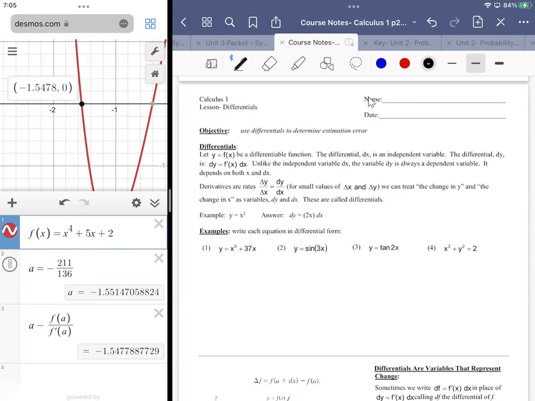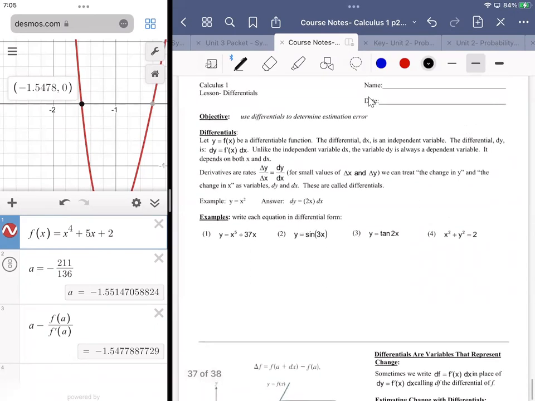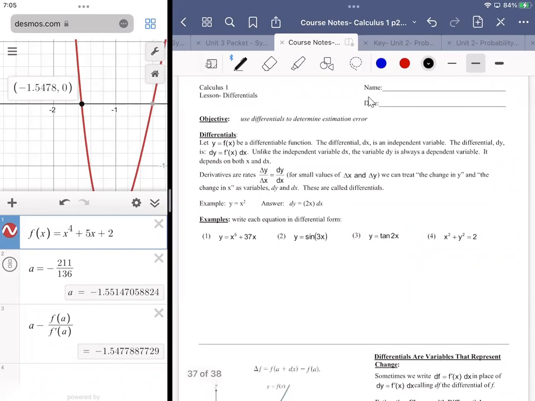Differentials can be used in a variety of different ways, but you might have heard of a course called Differential Equations. Differentials work hand in hand with those concepts. So whenever you create or find a derivative, you're in fact finding the equation associated with differentiation, which is known as a differential equation.